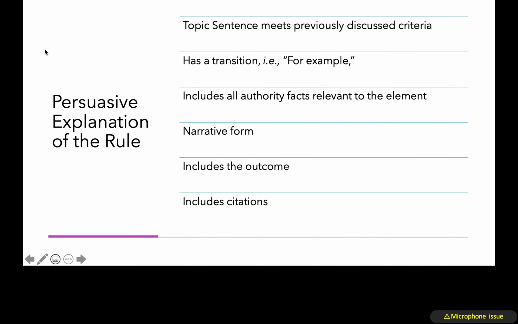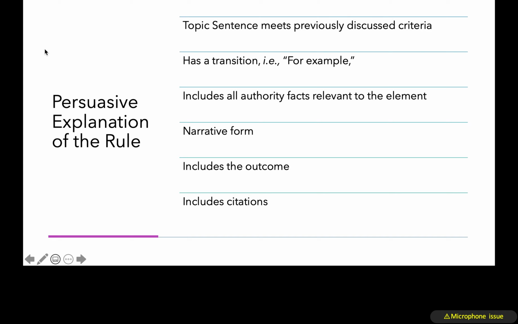Each of these paragraphs are in narrative form. So you're going to have multiple explanation paragraphs about the authority cases, and they're all going to be in narrative form.